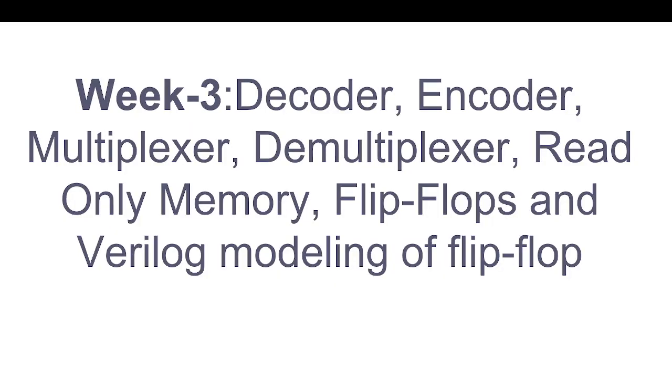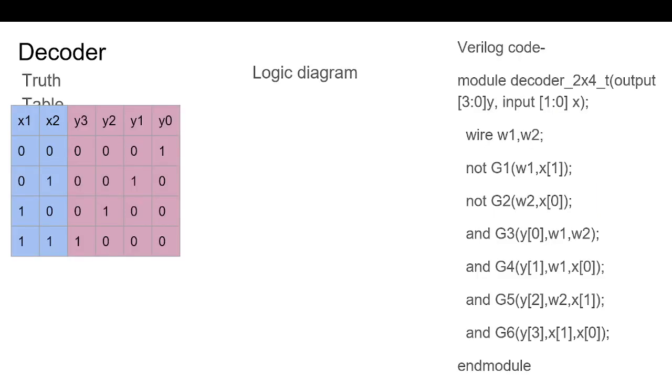Proceed with week 3. In week 3, we will cover the decoder, encoder, multiplexer, demultiplexer, and some of the flip-flops and the version of modem. The first circuit is the decoder. Let us start with a simple decoder.